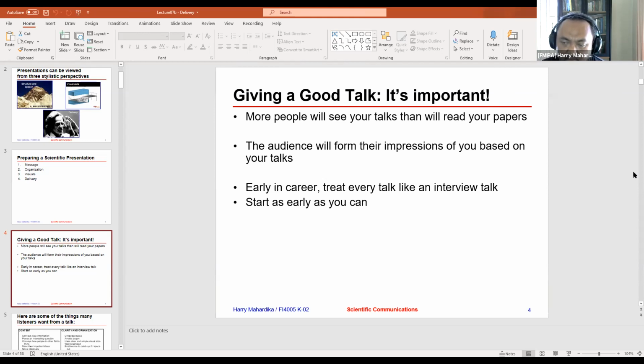So therefore, many people will tend to attend a certain talk instead of reading material, because by listening they will have the opportunity to know the information that is given by the speakers. Okay, so the audience will form their impression of you based on your talk, and early in your career, treat every talk like an interview talk.